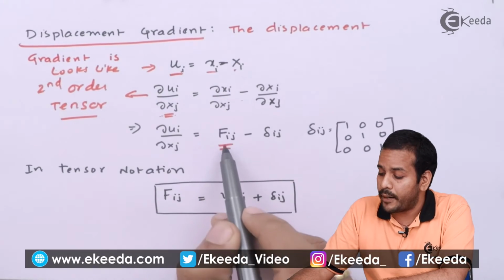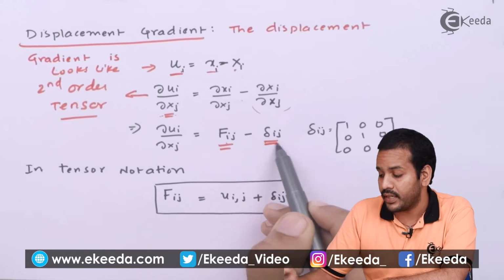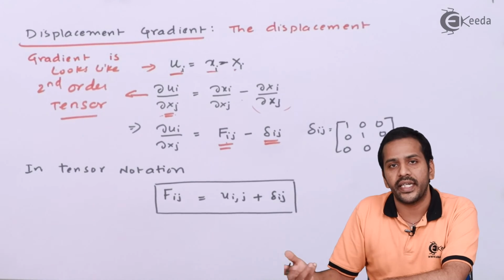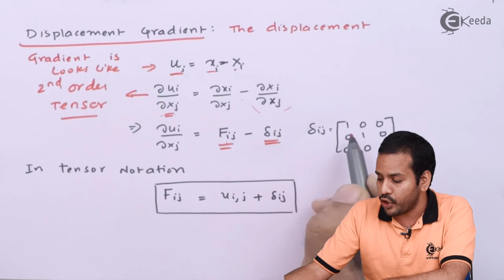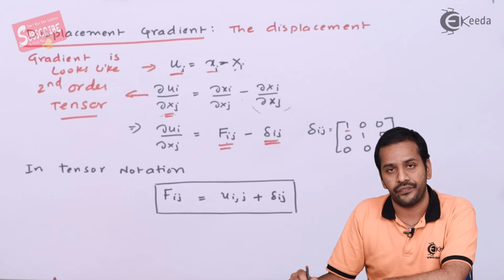And dou capital Xi by dou capital Xj is nothing but delta ij. If you remember, this delta ij is the Kronecker delta. It will pop up a value of 1 if i is equal to j. If i is not equal to j, it will be 0.